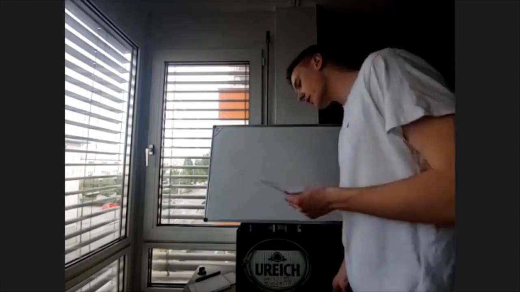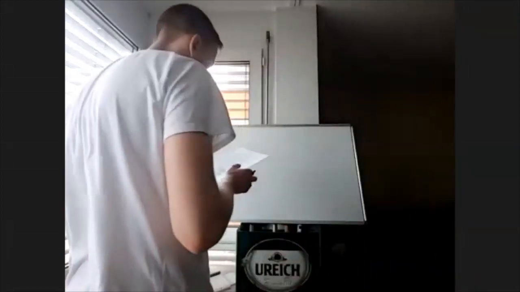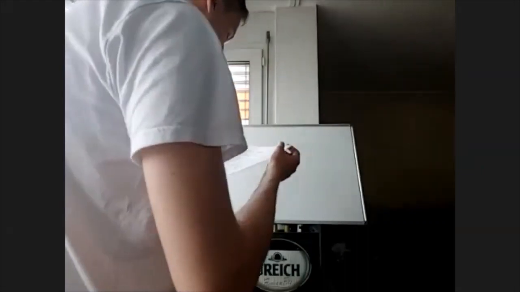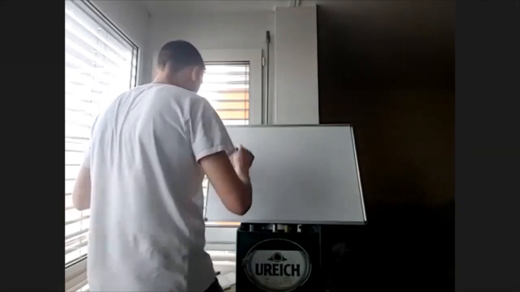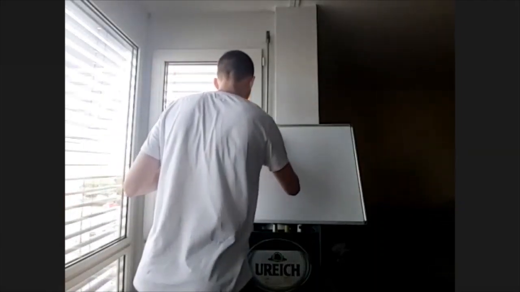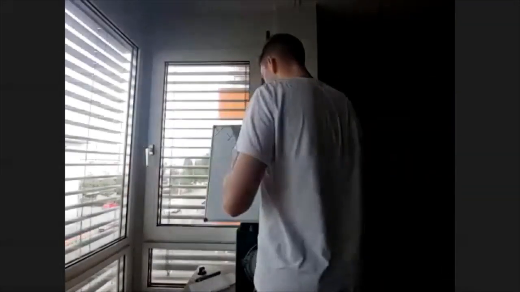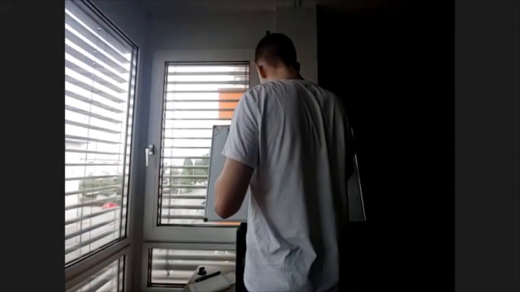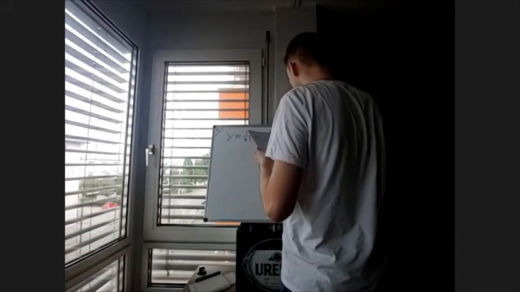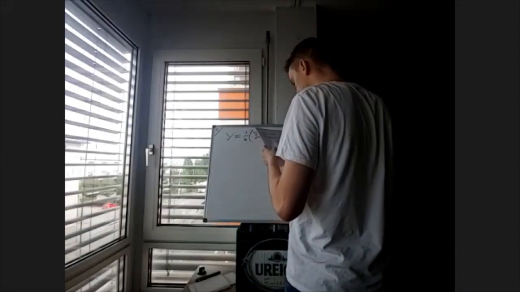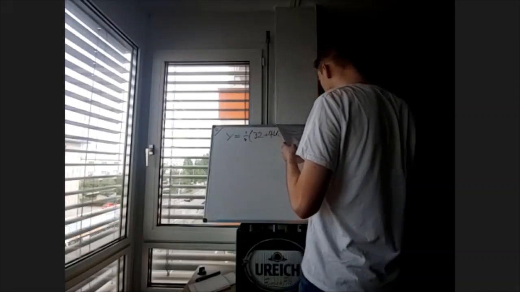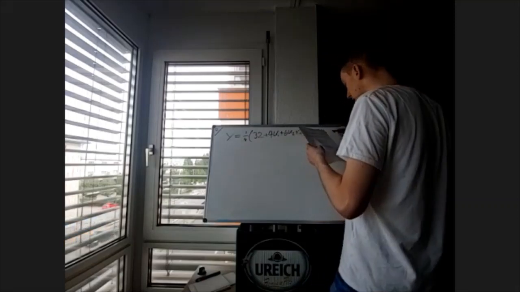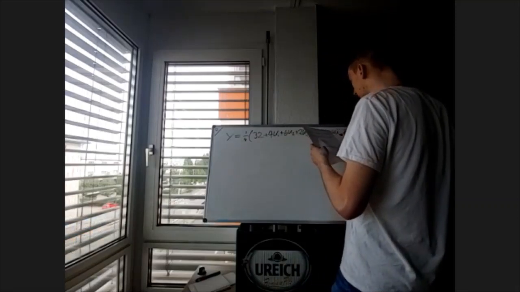Okay, what was our control variant? I'm not going to write it down. So long story short, this is true. Our control variant Y is 1/4 times 32 plus 4 U1 plus 6 U2 plus 2 U3 plus 12 U4 plus 4 U5.